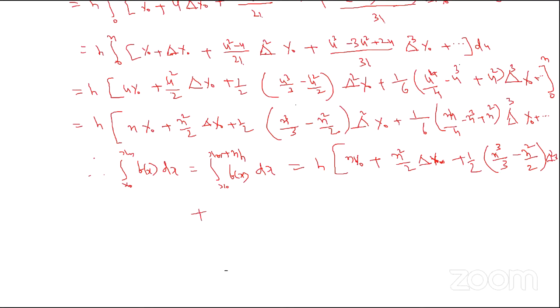plus 1 by 6 (n to the power of 4 by 4 minus n cube plus n square) delta cube y naught plus 1.